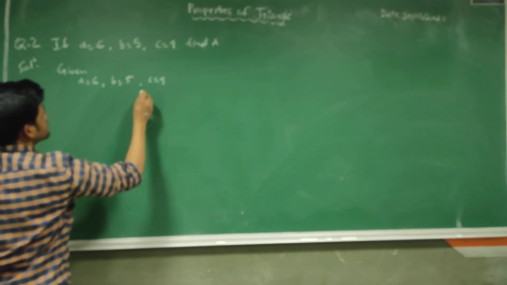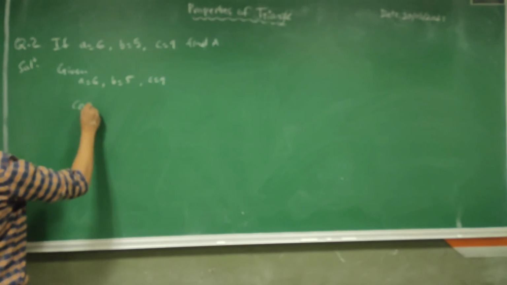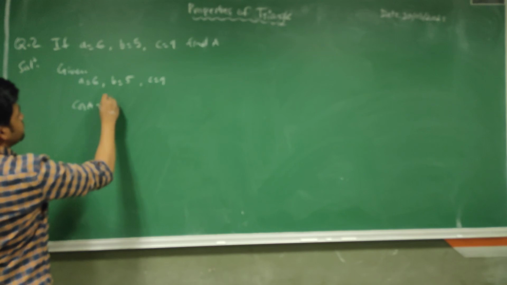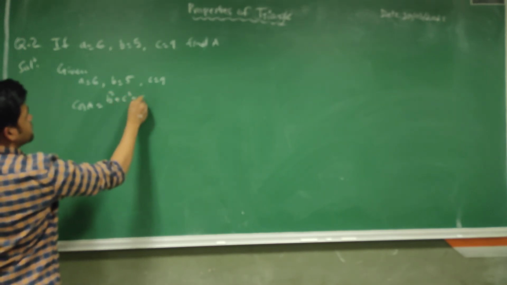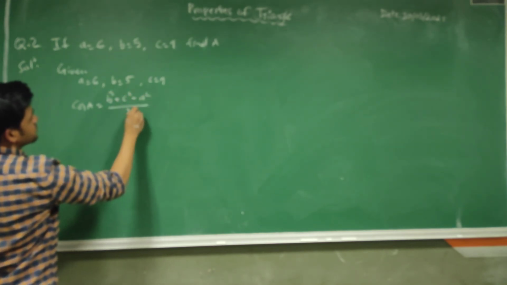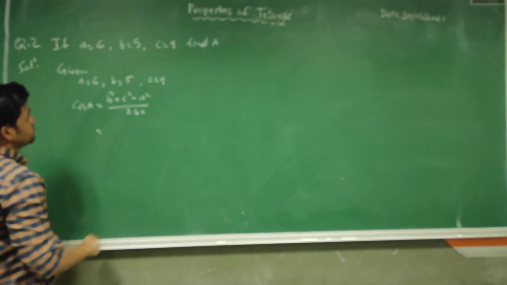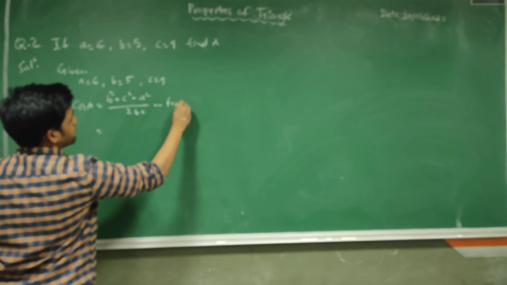So given is a is equal to 6, b is equal to 5 and c is equal to 9. So cos a will be b square plus c square minus a square by 2bc. Okay, so we know this is from cosine.